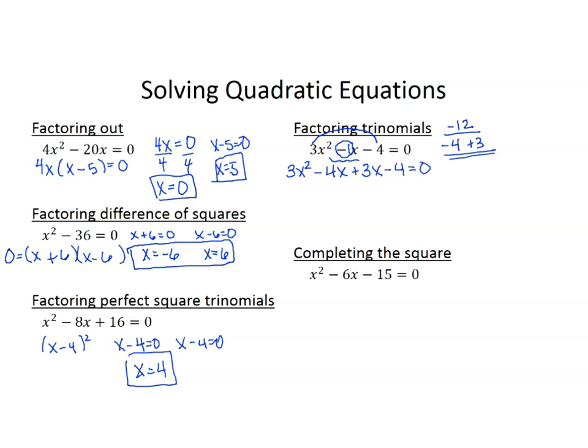And now we're going to group. We're going to group these first two together and these last two together, and we're going to pull out. So in the first one, I can factor out or pull out an x, and I'm left with 3x minus 4. If I want to be left with the same thing here, it looks like I don't need to do anything, right?